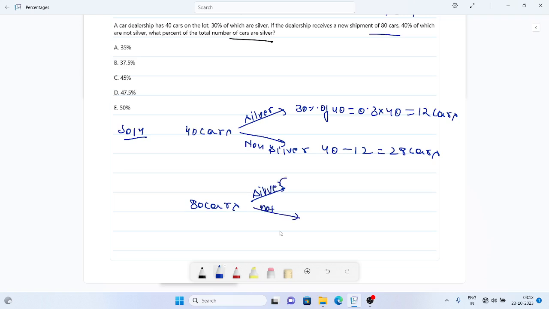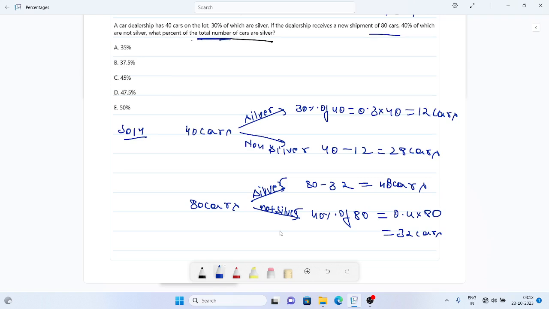So not silver cars are nothing but 40% of 80, which is 0.4 of 80, which is 32. Now out of 80, silver is 80 minus 32, 48 cars.